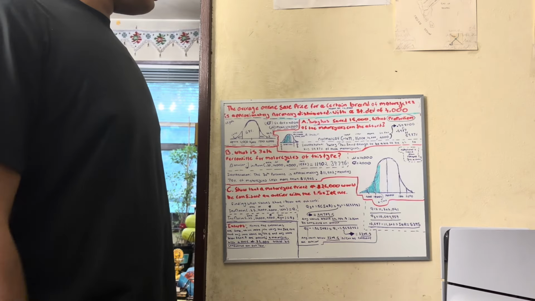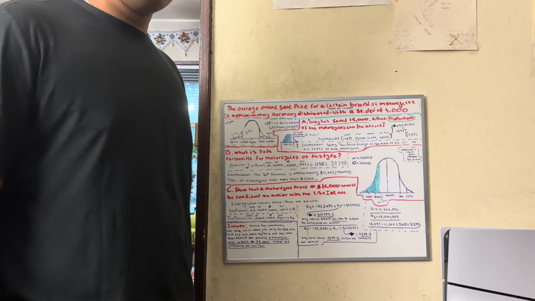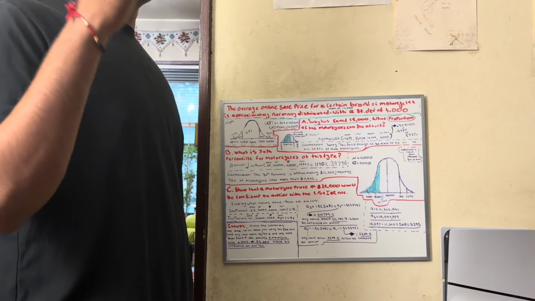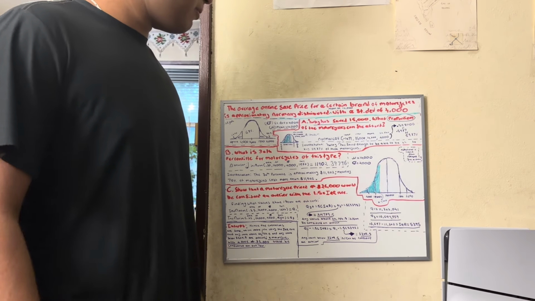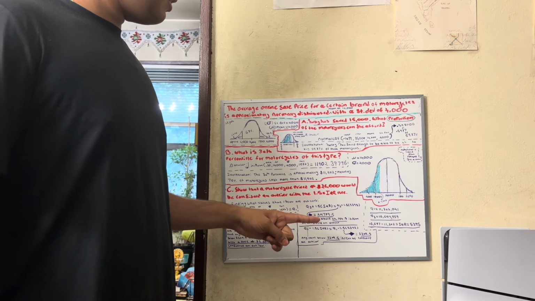And now we have to do IQR, remembering that it would be Q3 minus Q1. And so 16,697 minus 11,302 gives us the IQR of 5,395. Now we plug into our formulas if we remember from the past, which would be Q3 plus 1.5 IQR.